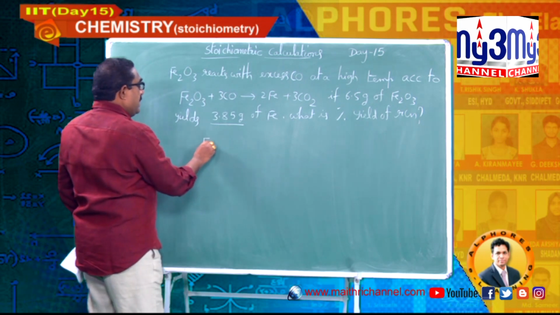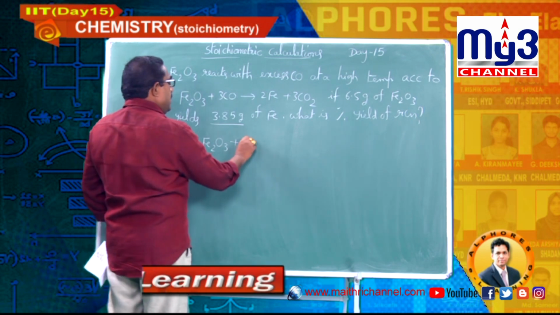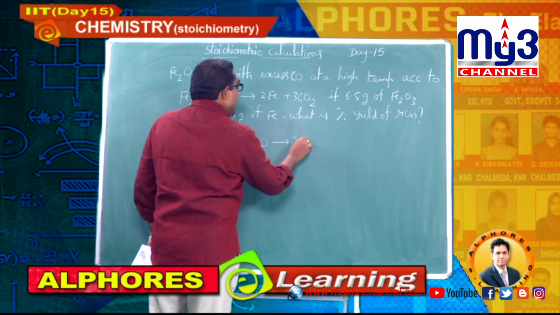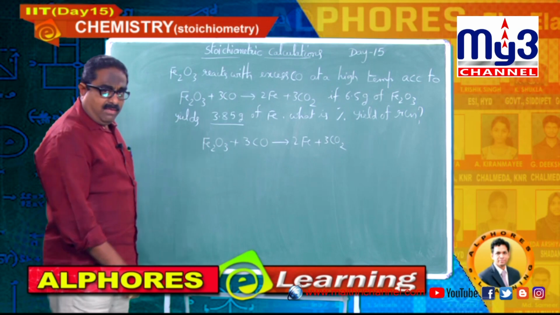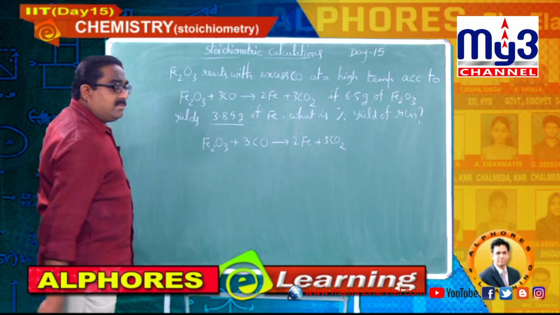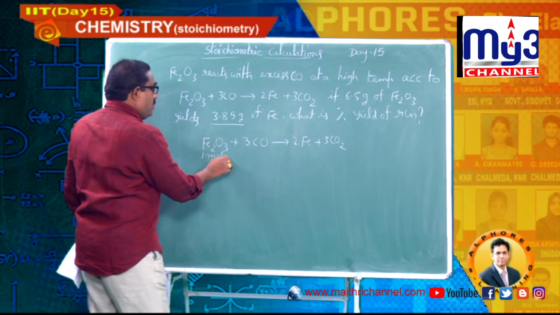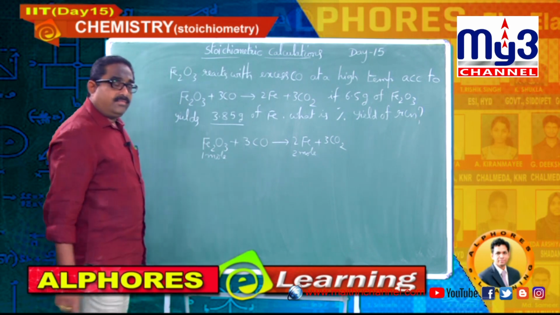I am repeating the balanced chemical equation once again: ferric oxide on reduction with carbon monoxide will be reduced to iron, liberating carbon dioxide. Simply, 1 mole gives 2 moles here.